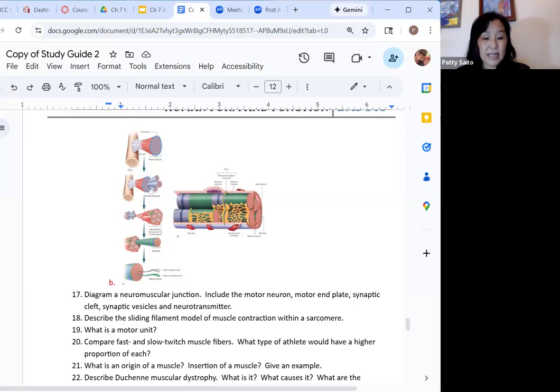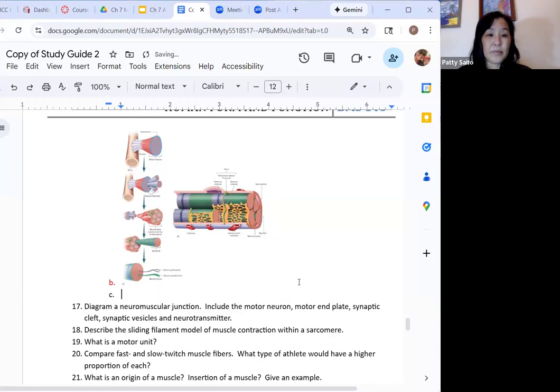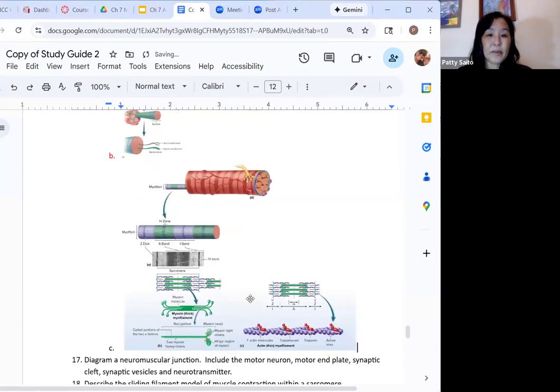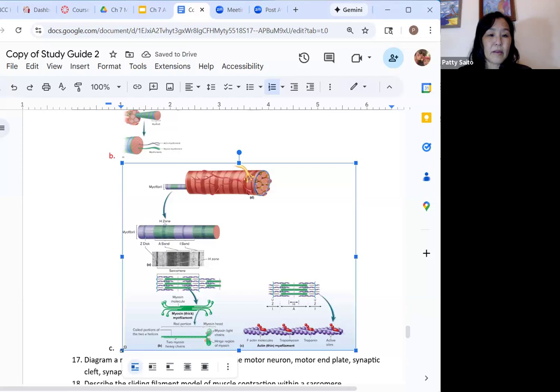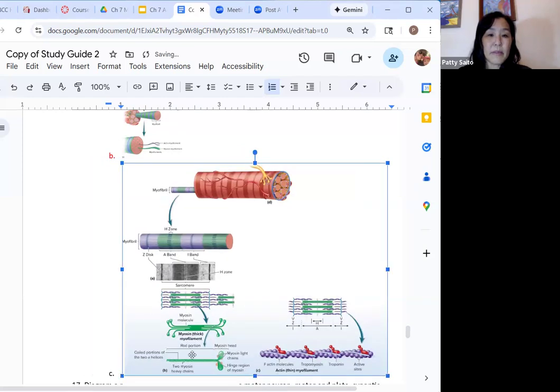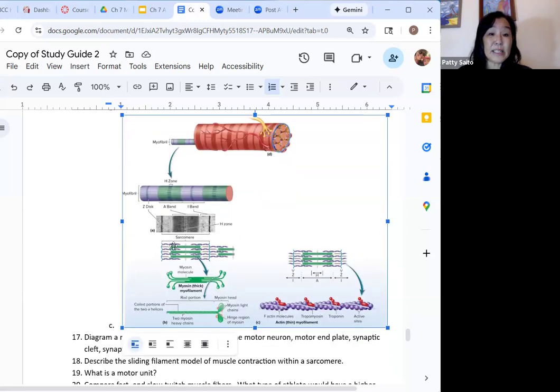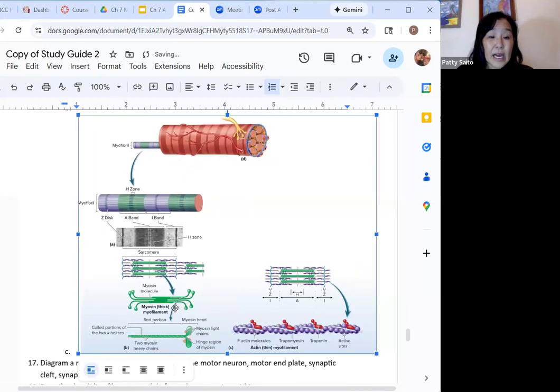Now let's take another view. Here again, we have our myofibril coming out of our muscle fiber. We can see it's got a stripe pattern, and it's because of the orientation of the proteins. This is what it looks like in the microscope.